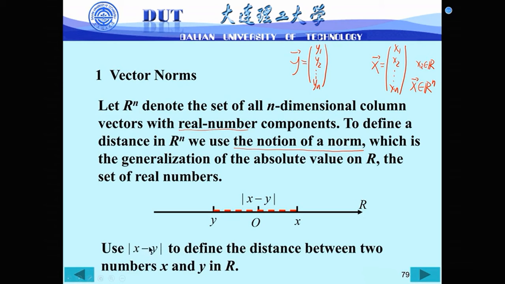Here, we use absolute value because x and y are two real numbers, so we can put them on the real axis. We use the absolute value of x minus y to define the distance between two numbers x and y on the one-dimensional real axis R.